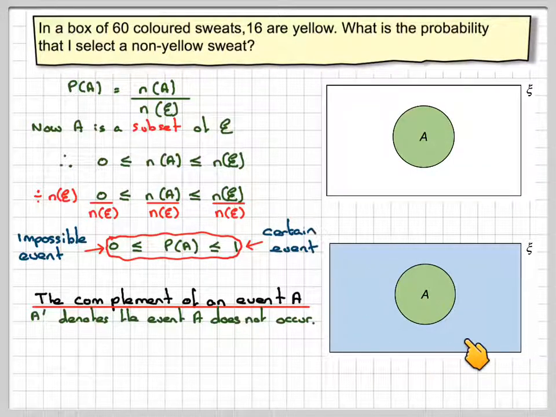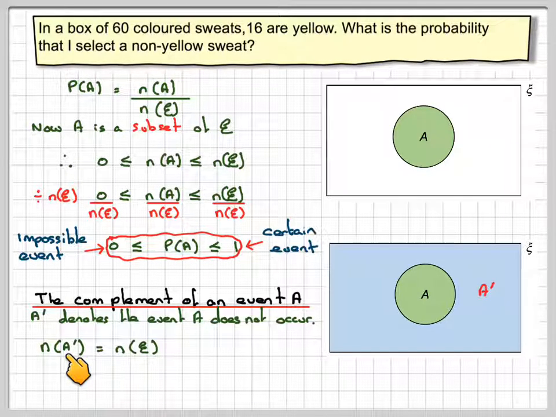That's represented by the blue shaded region here on the Venn diagram. And so the number in not A is the number in the universal set minus the number in the actual set A.